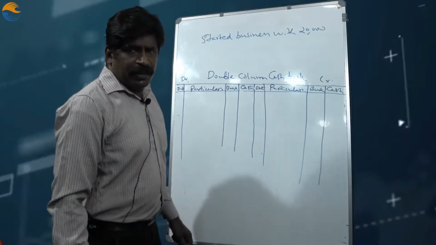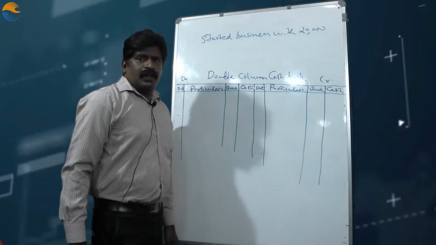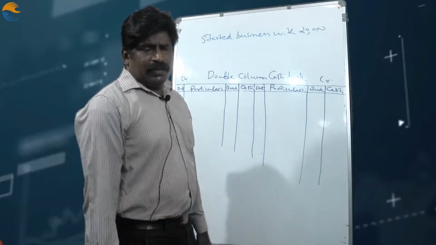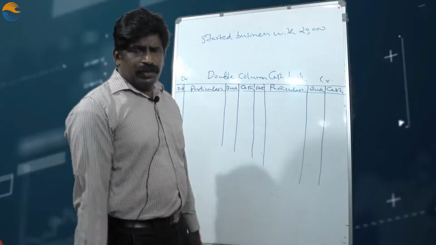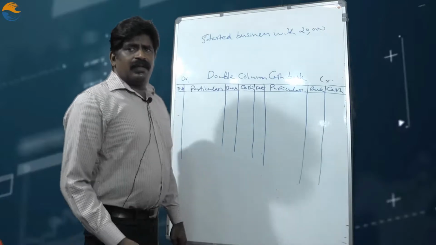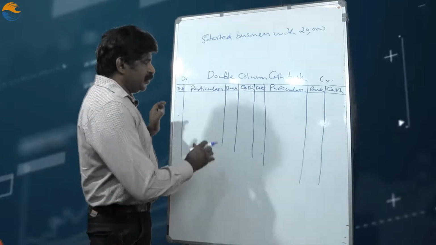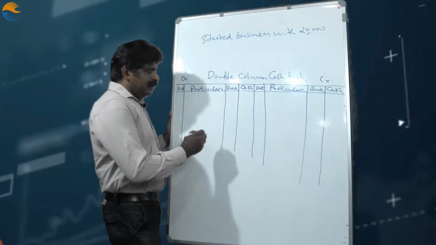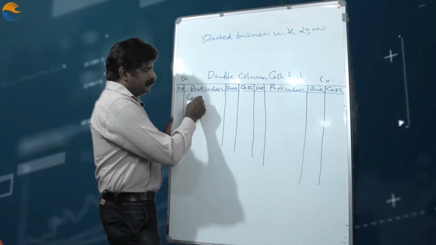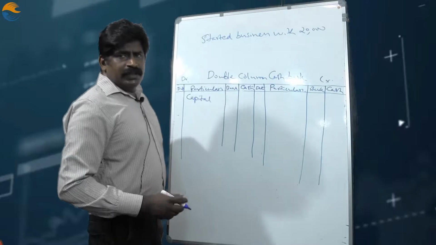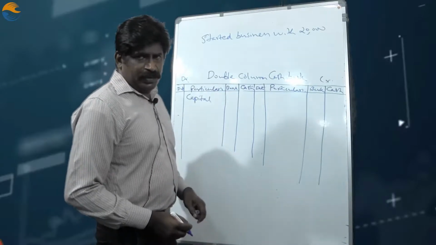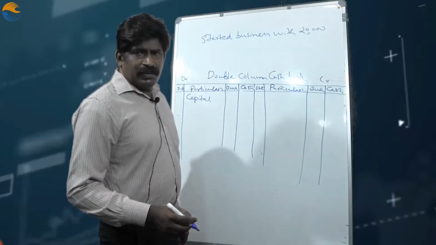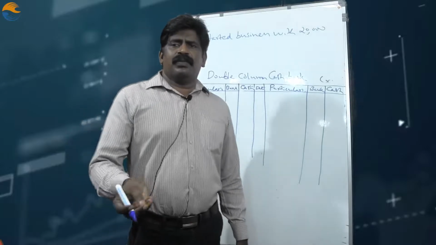Started business with 20,000. When we start business with 20,000, amount comes into the business, and as it's a receipt, it will be shown on the receipt side, means on the debit side as capital. Since cash is invested here, started business with rupees 20,000.